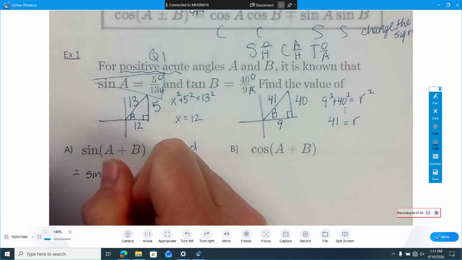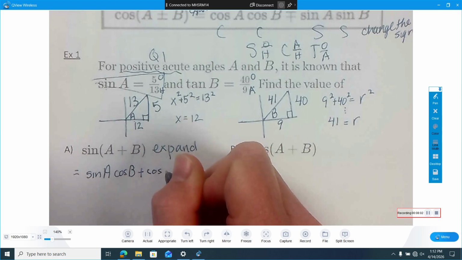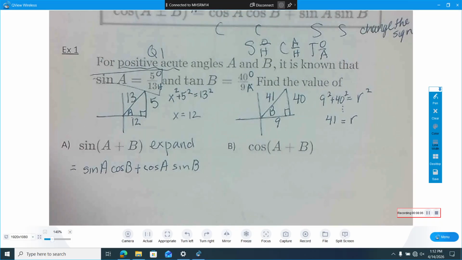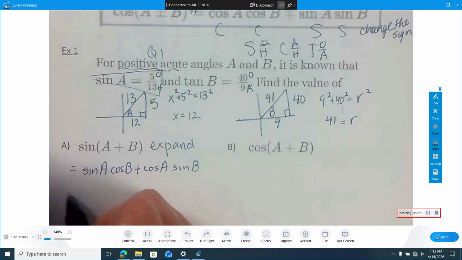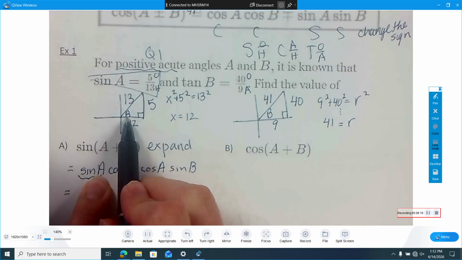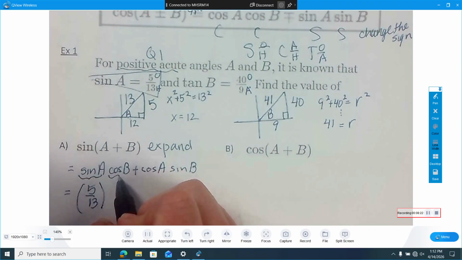Okay, so it's sine of the first, cosine of the second, plus cosine of the first, sine of the second thing. So this is the expansion, that's just the formula. And what we're going to do then is, what is the sine ratio according to angle A? Yeah, they gave us that one. It's 5/13.